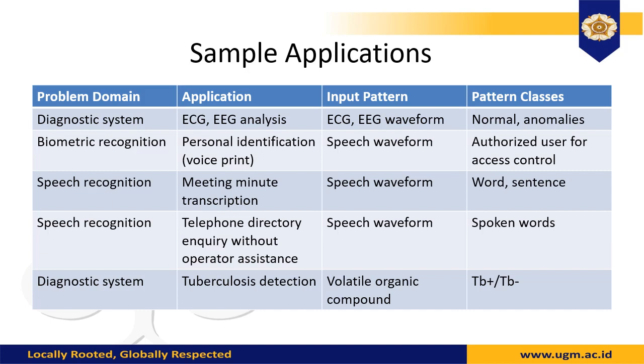Just as an example, we could categorize the EEG signal into 4 different categories: the alpha condition, and then beta, gamma, and delta.